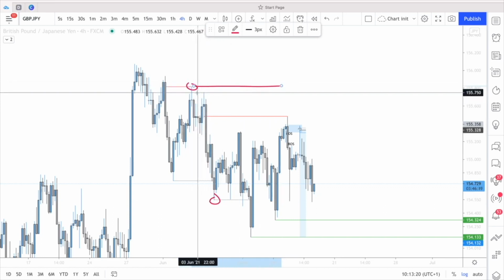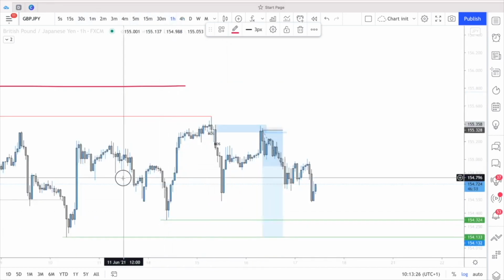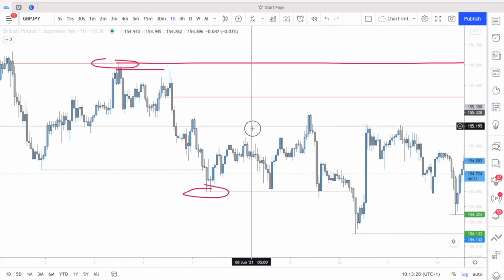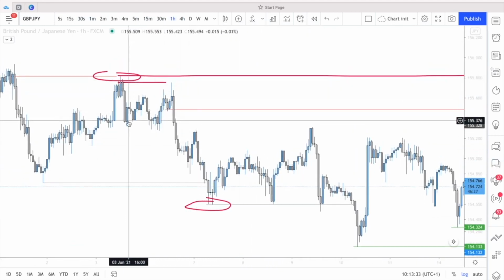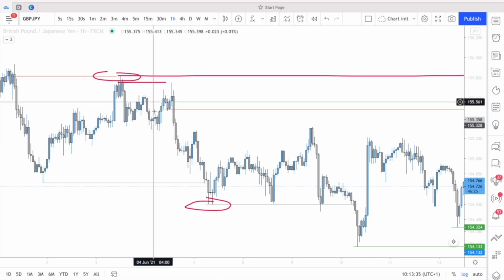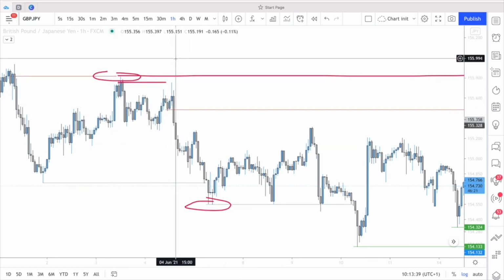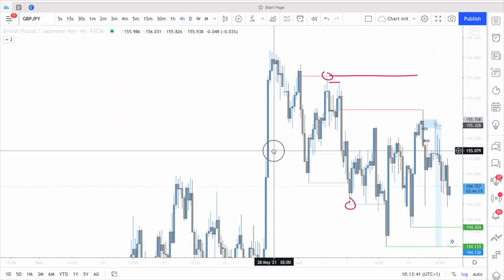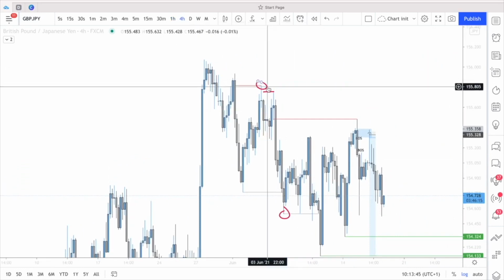Okay, that's why. So the reason why this made sense is because on the hourly time frame, it doesn't make sense for price to go even further, because whatever's happened here has all been mitigated by this. So anything on the lower time frame has been mitigated. That's my thinking behind it. However, if you still want to be safe, you can keep that as your higher time frame point of validation.